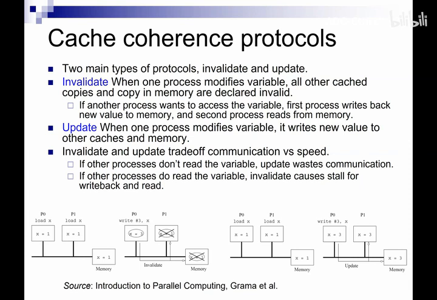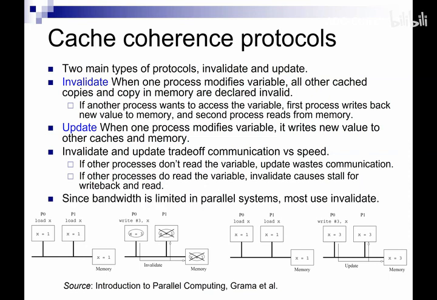So basically, if the other processes do not read the variable much, then you don't want to use the update protocol because it's wasting communication. You would rather use the invalidate protocol. But if the other processes read the variable a lot, then you don't want to use the invalidate protocol because that's slower than the update protocol.